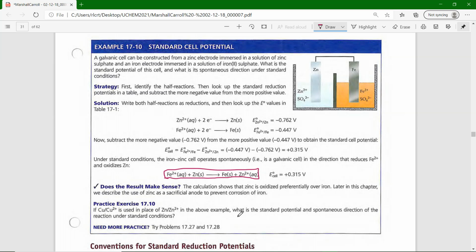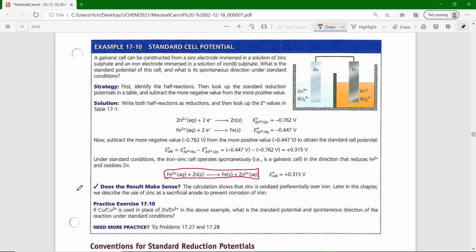If instead I wanted to use a copper 2+ couple instead of the zinc, well, where's that relative to the iron 2+? The copper 2+ is higher up, isn't it? So it's going to be reduced. Its value is 0.342.